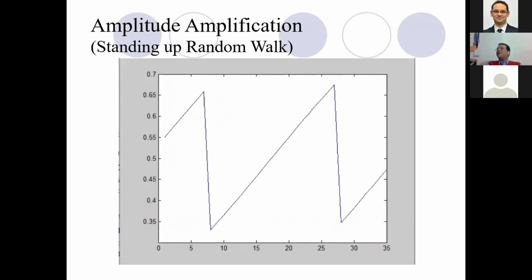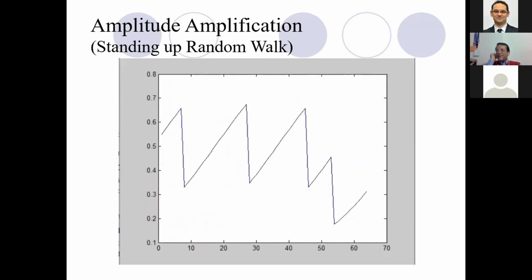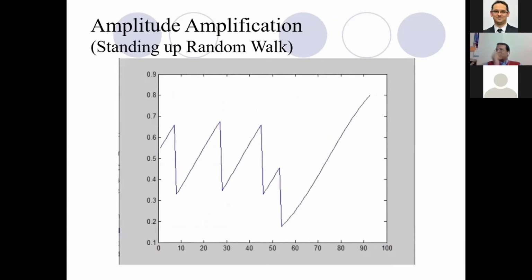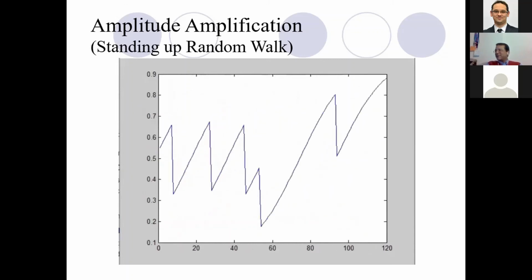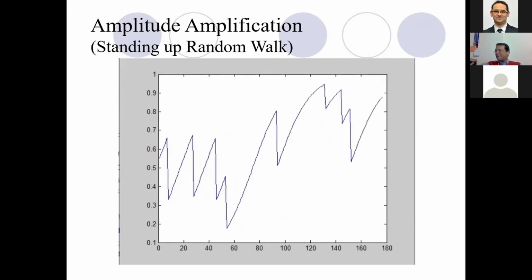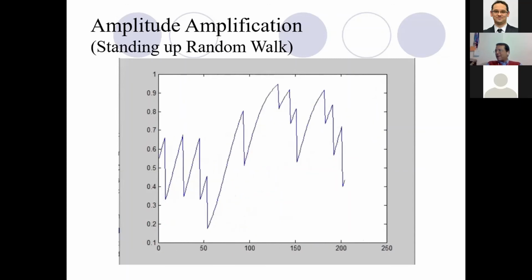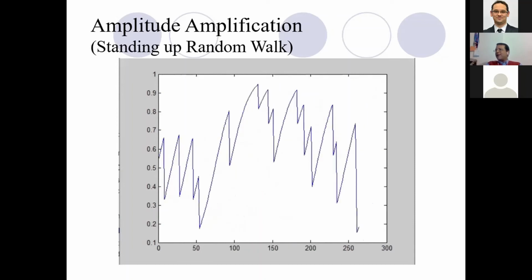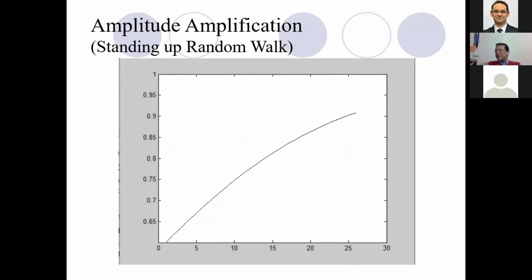Here, let's see if he can make it. He is working hard. So we are trying here to give this standing up man a hand, so he can always stand up successfully.